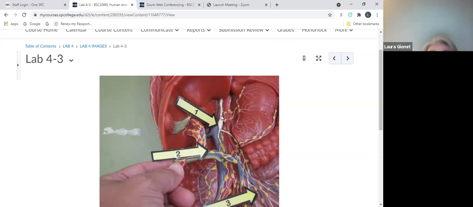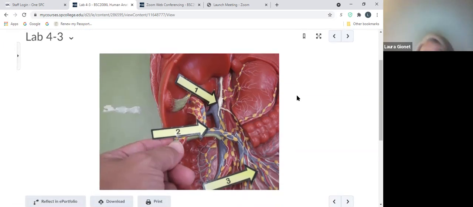And then it narrows down again, and superior to number 1, that white duct is part of the thoracic duct. So superior to that cisterna chyli, that duct assumes the term thoracic duct. It travels all the way through the chest and then to the left subclavian vein.